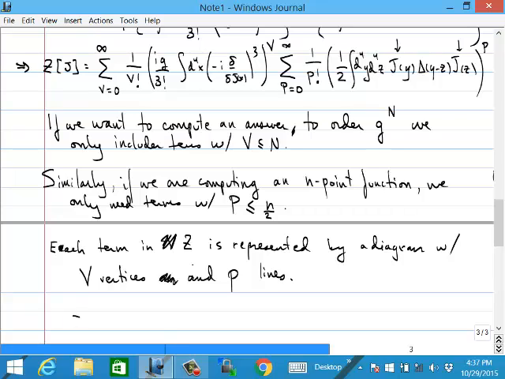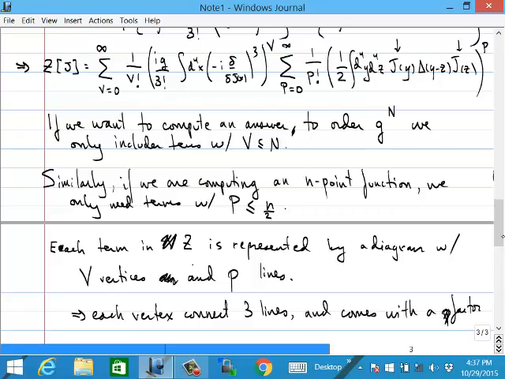And the rule is that each vertex will connect 3 lines and is associated with a power of g.